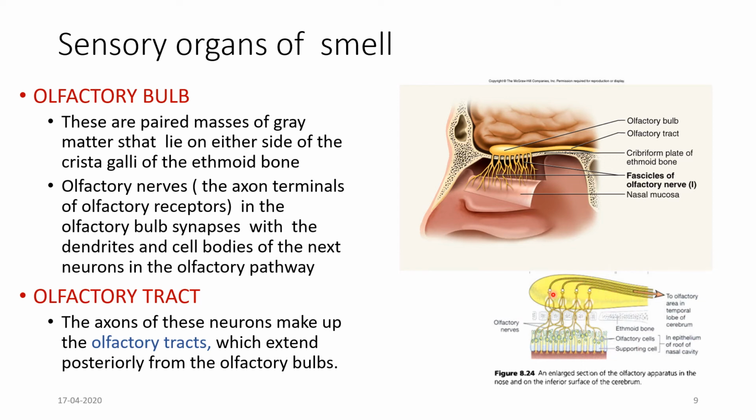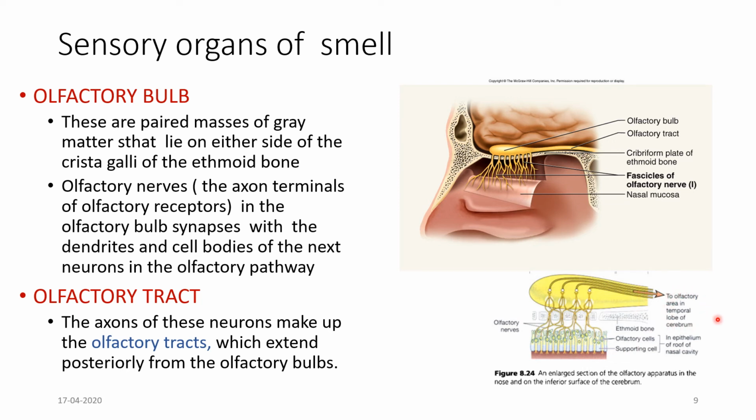These next order neurons in the olfactory pathway are located in the olfactory bulb. Then the next one is the olfactory tract. The axons of neurons in the olfactory bulb form the olfactory tract, which extends posteriorly from the olfactory bulb, and it goes to the olfactory area in the temporal lobe of cerebrum.